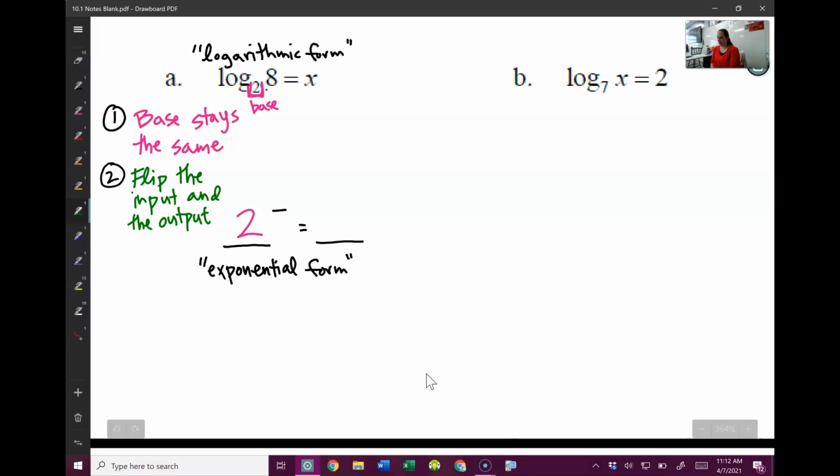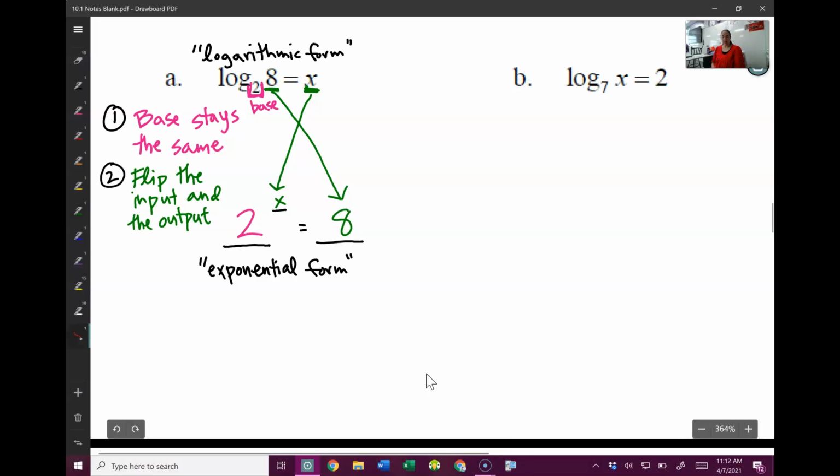So, for example, right now, this 8 is inside the log. It's an input. So I'm going to flip it to be outside my exponent. So now it's an output. This x was outside the log. I'm going to flip it to be inside my exponent.